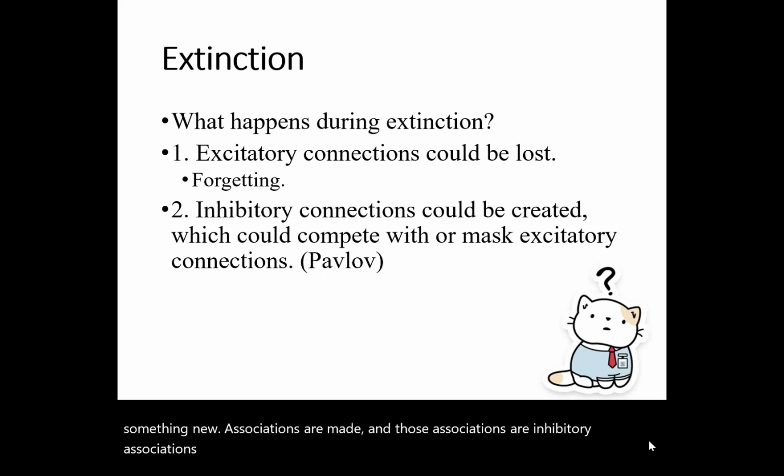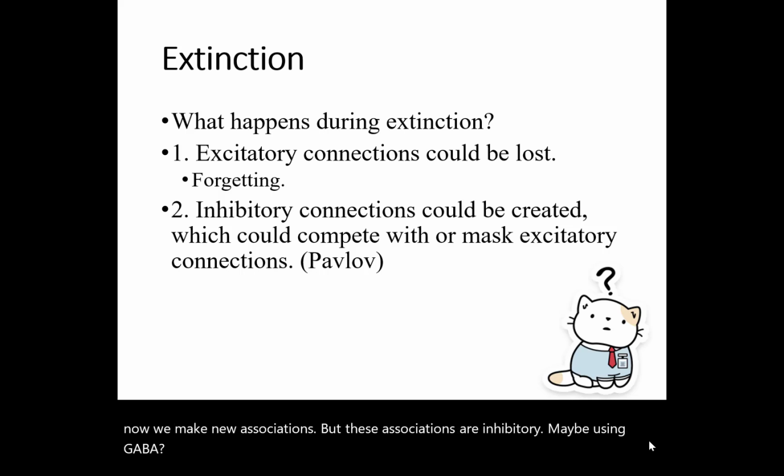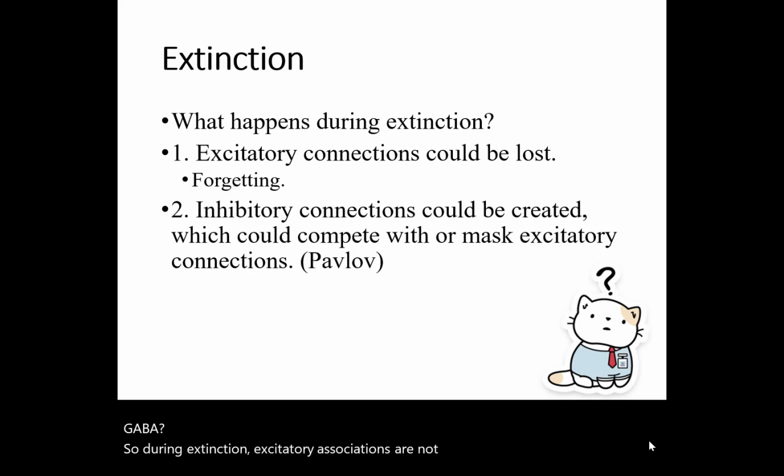Excitatory associations might be using glutamate or norepinephrine. But now we make new associations. But these associations are inhibitory, maybe using GABA. So during extinction, excitatory associations are not lost.